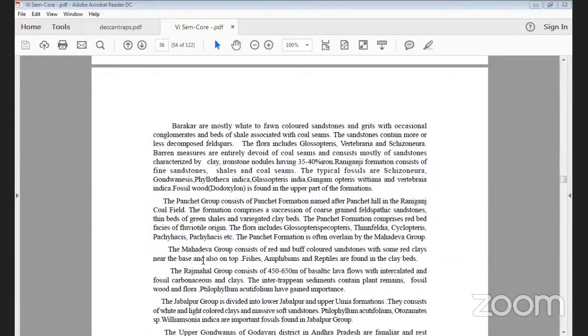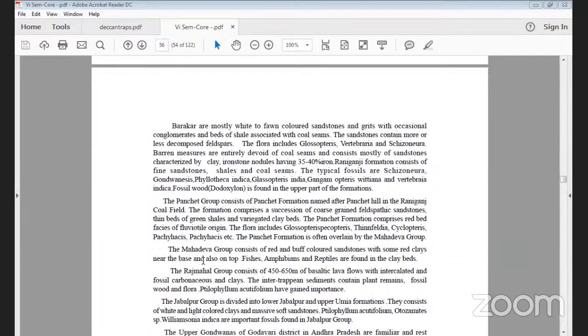The Panchet formation consists of red bed facies of fluviatile origin. The flora includes Glossopteris, Cyclopteris, and Pecopteris. And this Panchet formation is often overlain by the Mahadeva group.